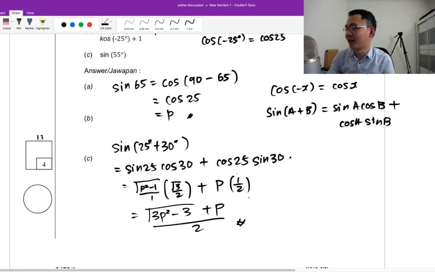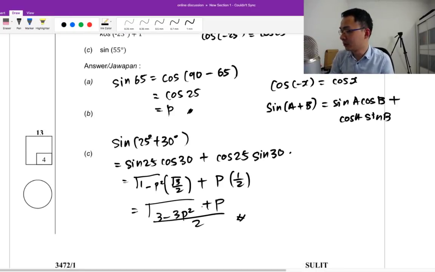Yeah, you're right. What happened to me? Okay, so this one basically is 1 minus P squared, because it is hypotenuse squared minus the adjacent squared. So this is 1 minus P squared. So this one will be 3 minus 3P squared. Okay, so let me just move on.